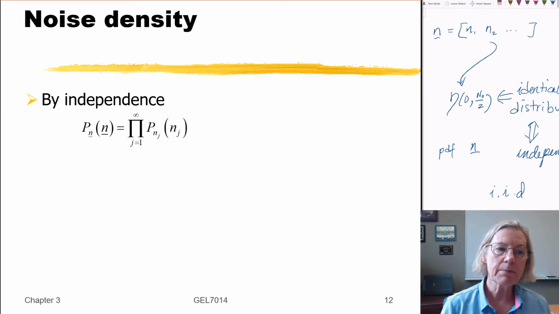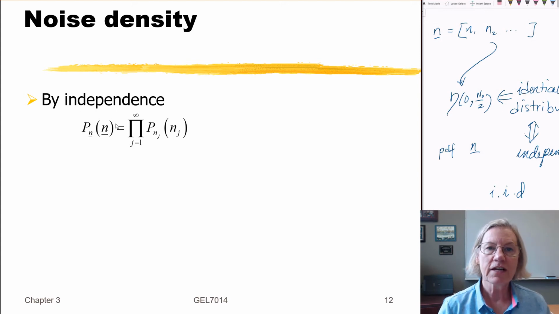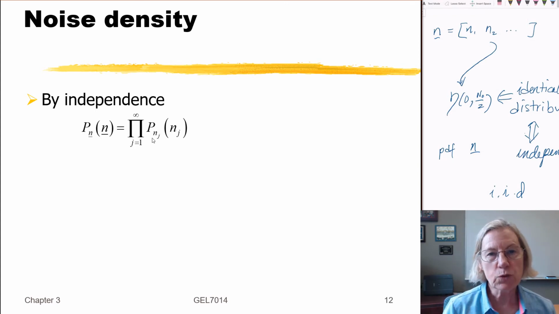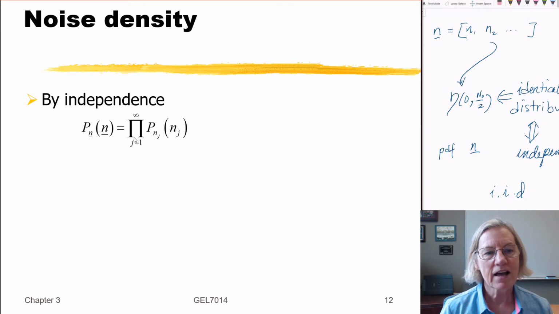Because of the independence, the joint density of the vector is just the product of the marginal densities of each one of the elements in that vector. Of course, this noise vector is of infinite dimensions, so I'll have the product over an infinite number of density functions.